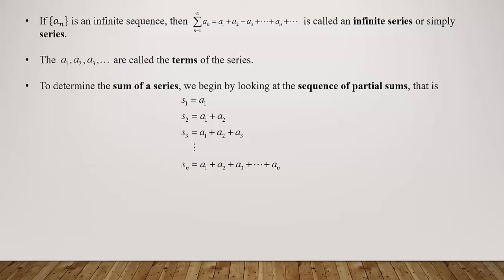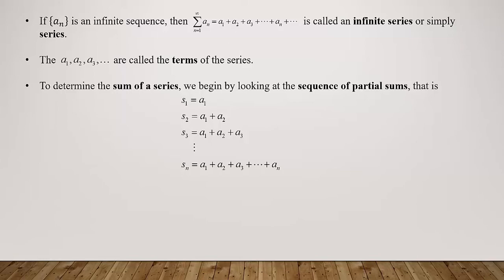The second partial sum, s sub 2, equals the sum of the first two terms, a sub 1 plus a sub 2. The third partial sum, s sub 3, equals the sum of the first three terms, a sub 1 plus a sub 2 plus a sub 3.